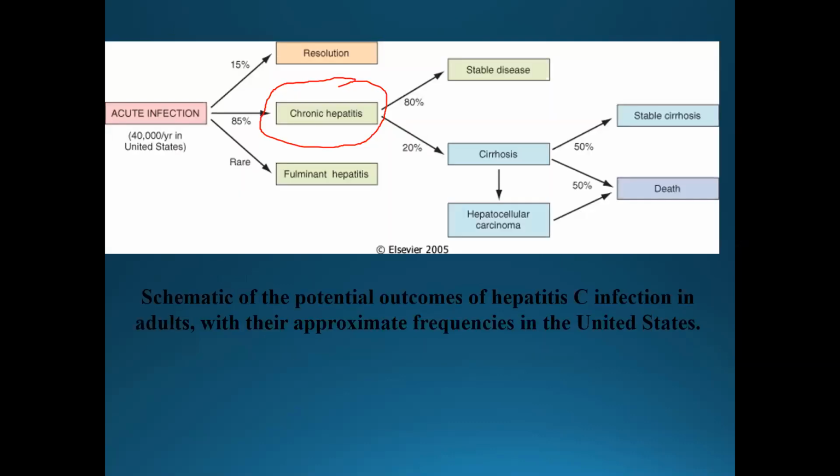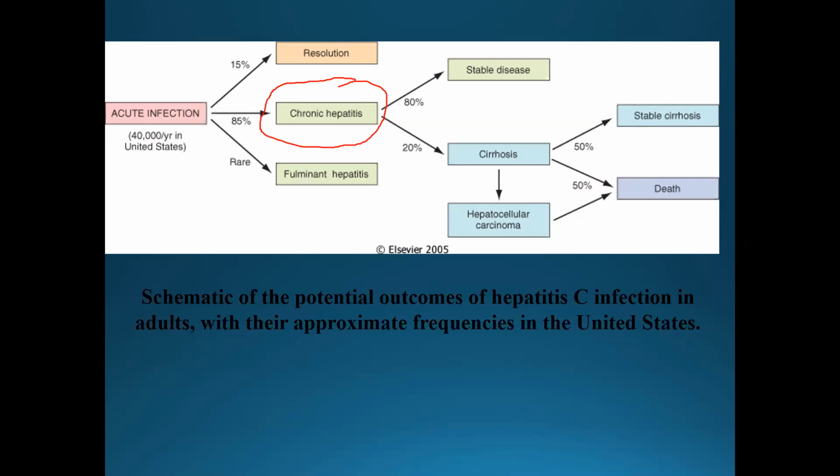Acute hepatitis C viral infection is generally undetected clinically. In contrast to hepatitis B viral infection, the progression to chronic disease with hepatitis C viral infection occurs in the majority of infected individuals, and cirrhosis eventually occurs in approximately 20% of patients with chronic hepatitis C viral infection.